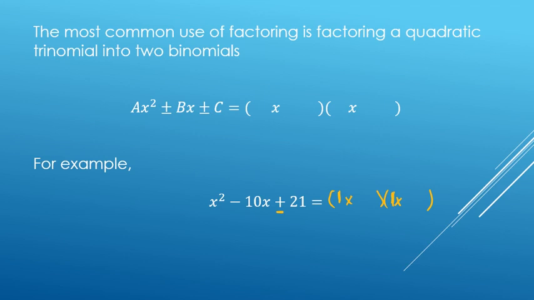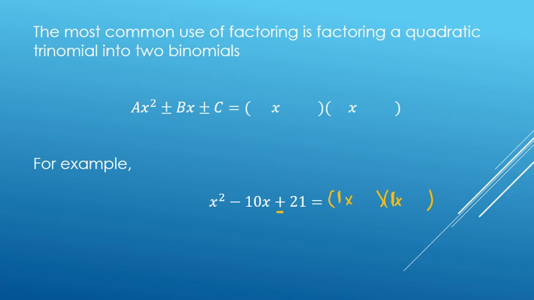If the sign that's in front of your C value is a plus, then that means that the signs you have over here and over here are going to be the same sign. They're either both going to be pluses or they're both going to be minuses.